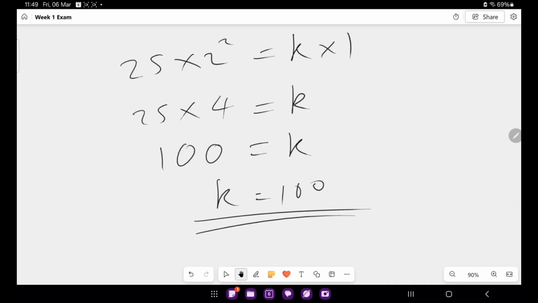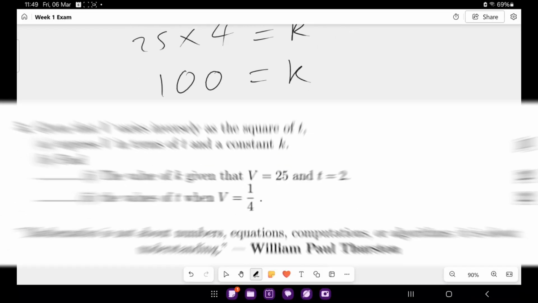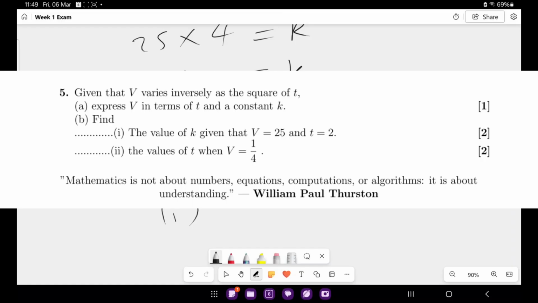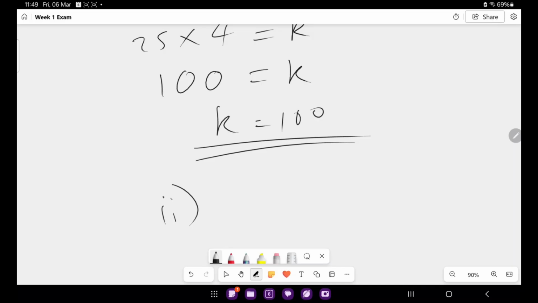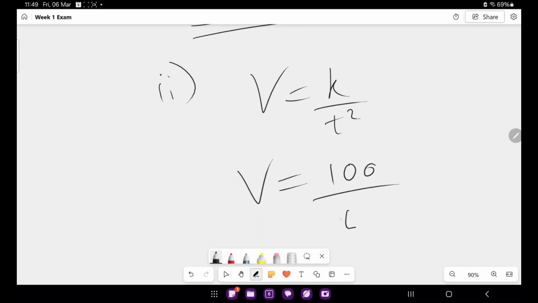Item 2. Find the values of t when v is equal to 1/4. So now we take our equation, v is equal to k over t squared, right? And then we are replacing k with 100. So we have a new equation like this. v is equal to 100 over t squared.